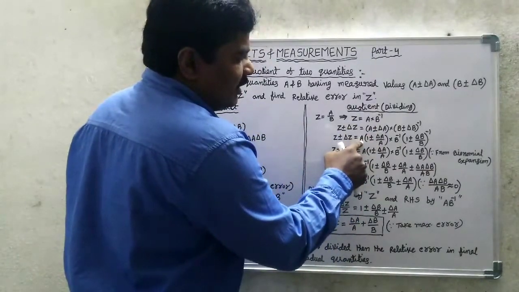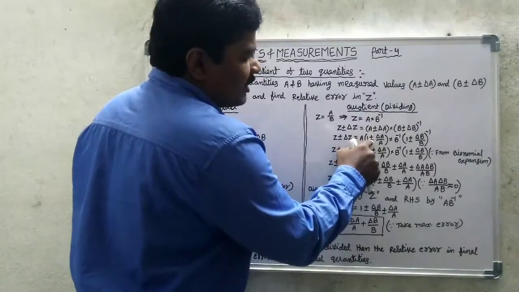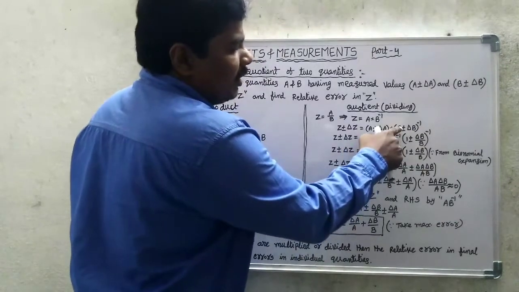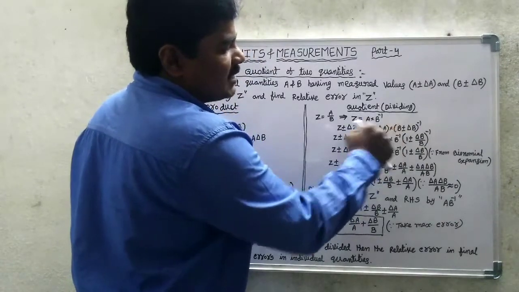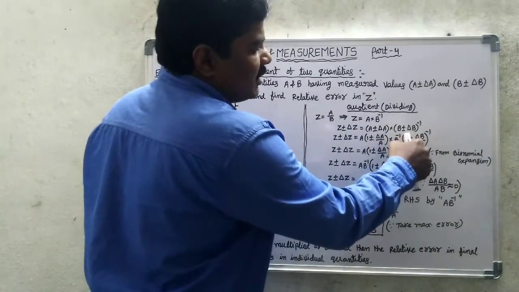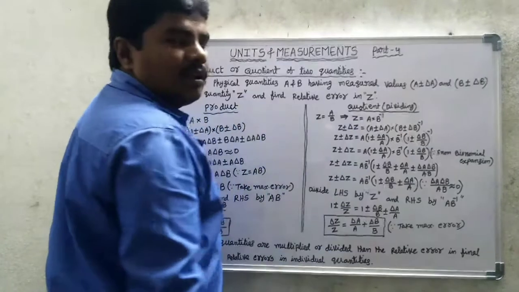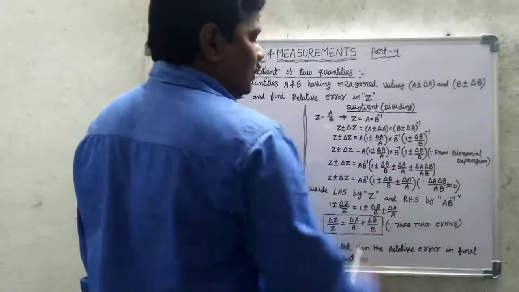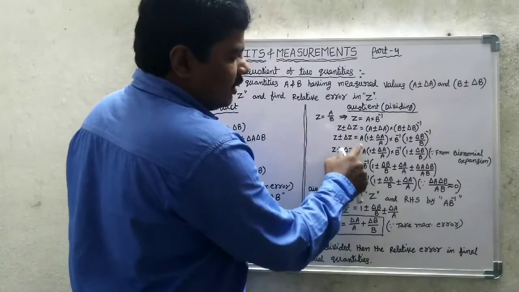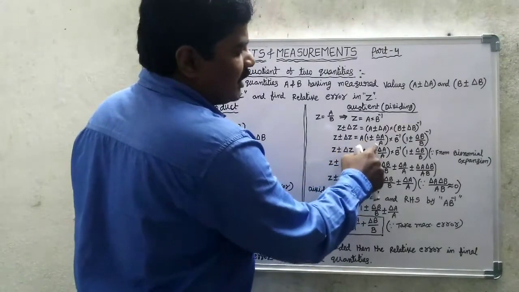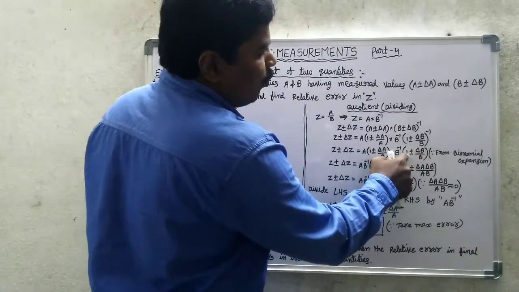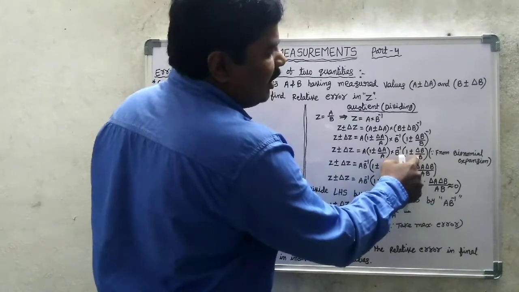So we get A into 1 plus or minus delta A by A, into, here we take B inverse as common, B inverse into 1 plus or minus delta B by B to the power of minus 1.